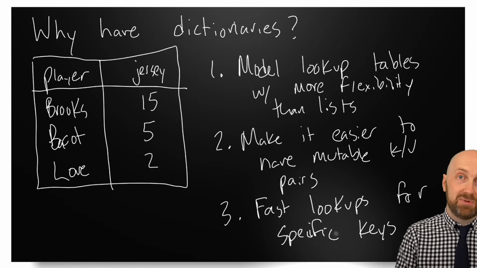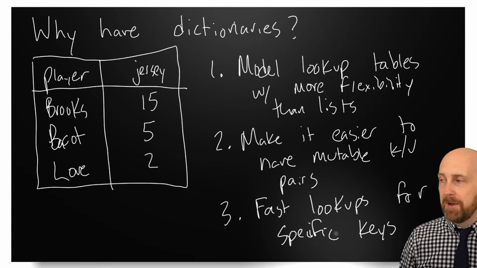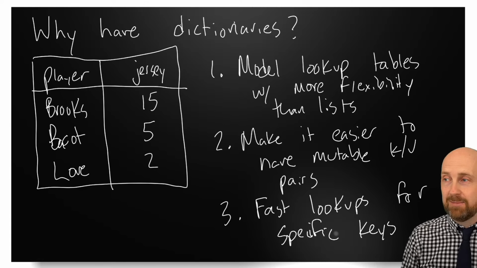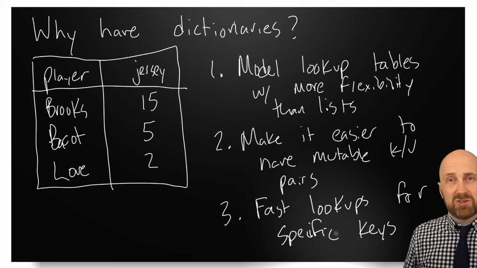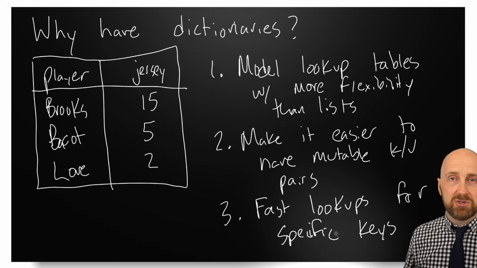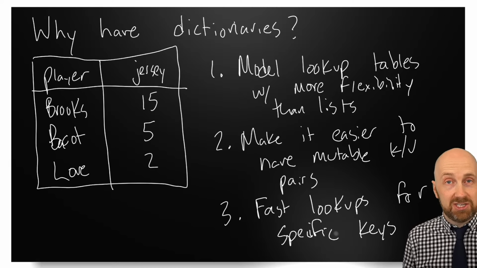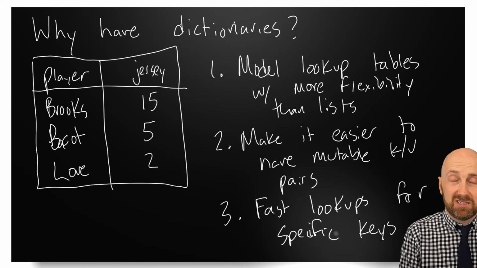First, go figure out what position is the player's name in, then go look up the jersey number in that same position. But that's pretty slow, and it takes, as you can imagine, looping through all the names in one list and then looking it up in another. In the next course, COMP110 data structures, you'll learn all about how dictionaries and lists are implemented behind the scenes and under the hood.